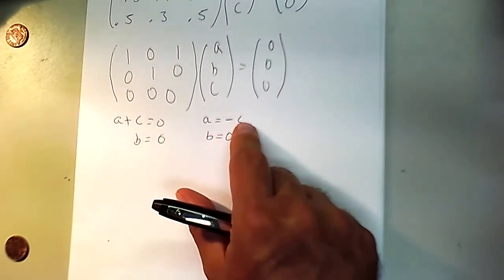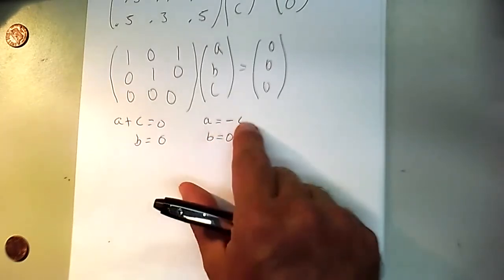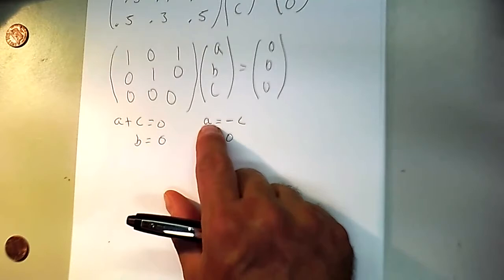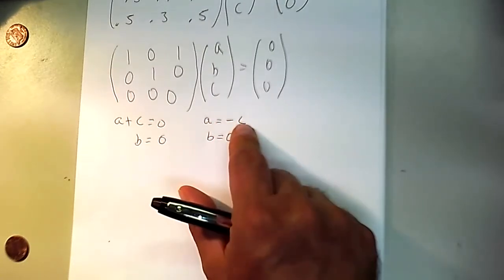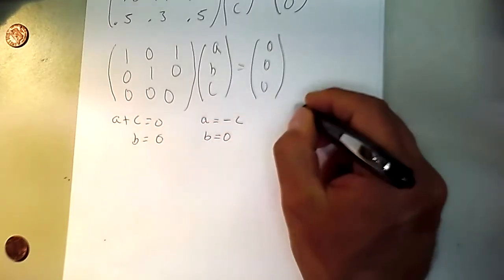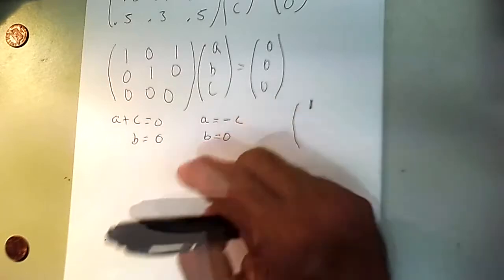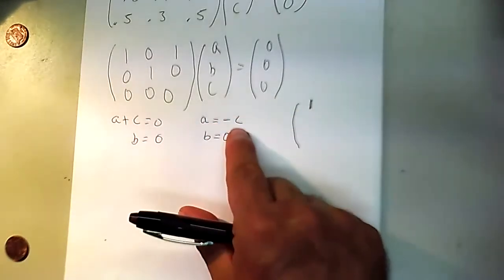Let's put it the other way: C is equal to -A, so A could be 1 and C could be -1, and that still will work. So I'm going to start preferring that.